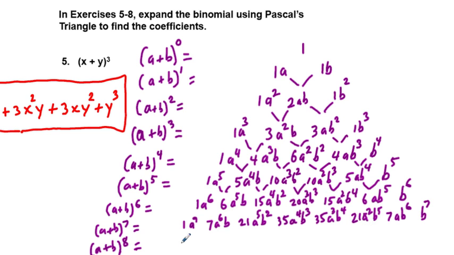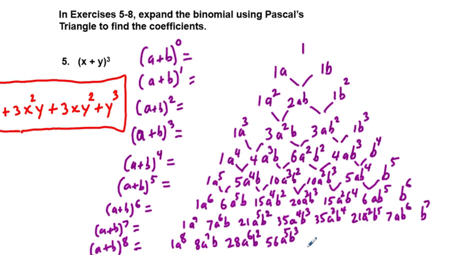We're going to have 1A to the eighth, and we're going to have 1 plus 7, which is going to be 8A to the seventh B. 7 plus 21 is going to be 28 A to the sixth B squared. 21 plus 35 is going to be 56 A to the fifth B cubed.